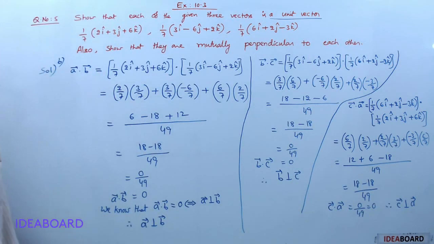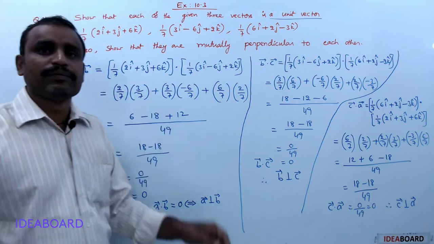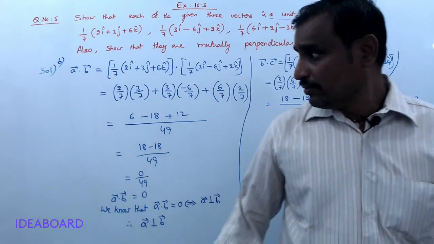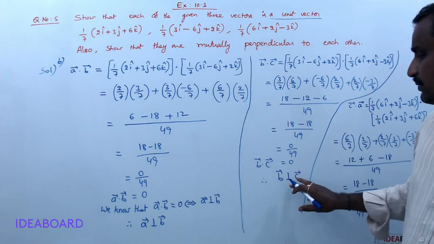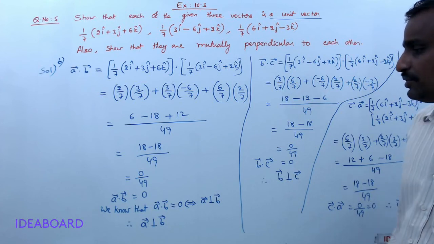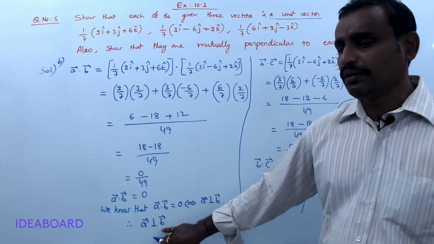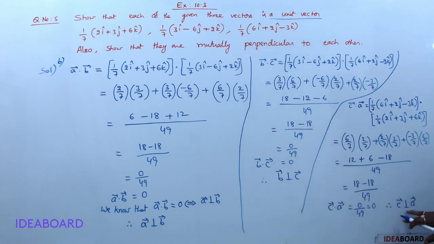Now the conclusion. What is the conclusion here? A bar dot B bar value we got 0. B bar dot C bar value is also 0. And C bar dot A bar value is also 0. So therefore A bar is perpendicular to B bar, B bar is perpendicular to C bar, and C bar is perpendicular to A bar.